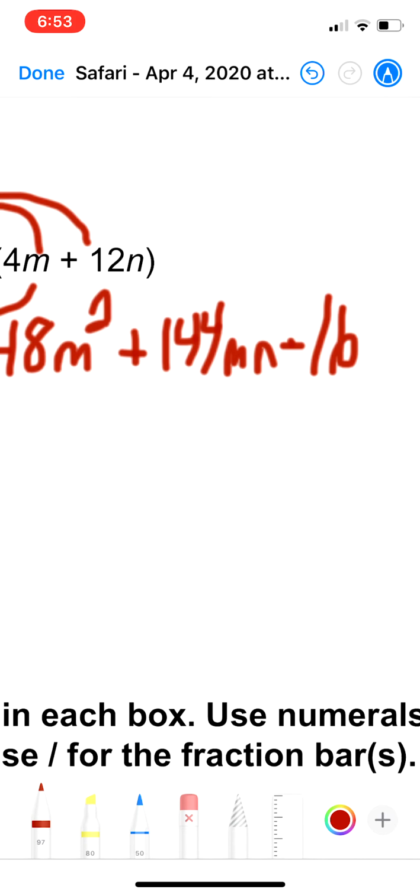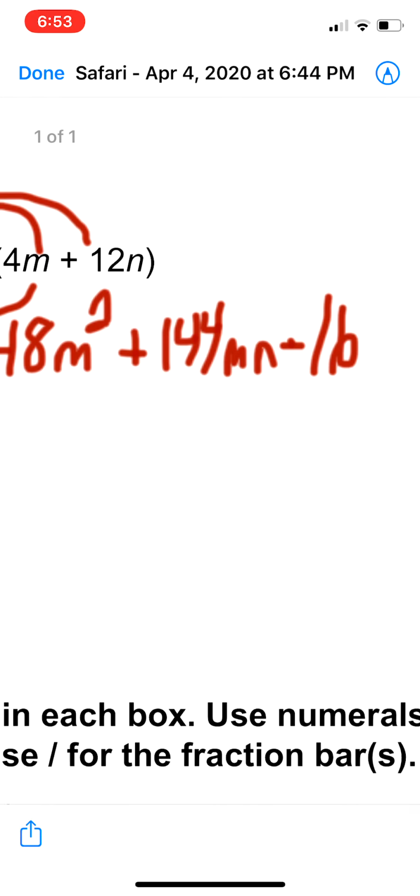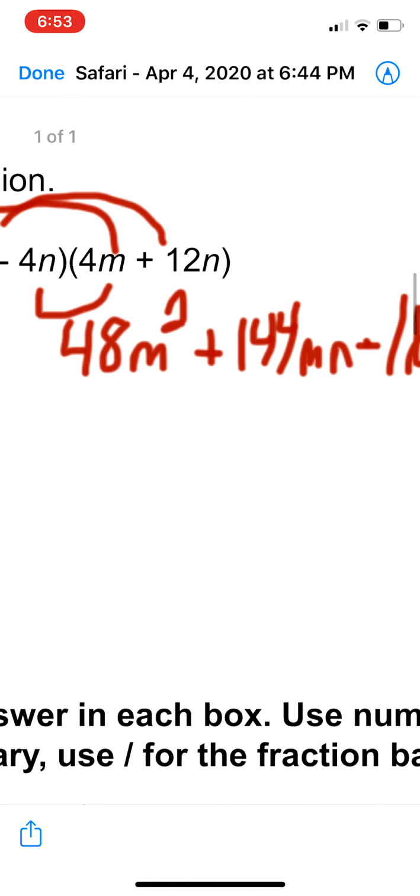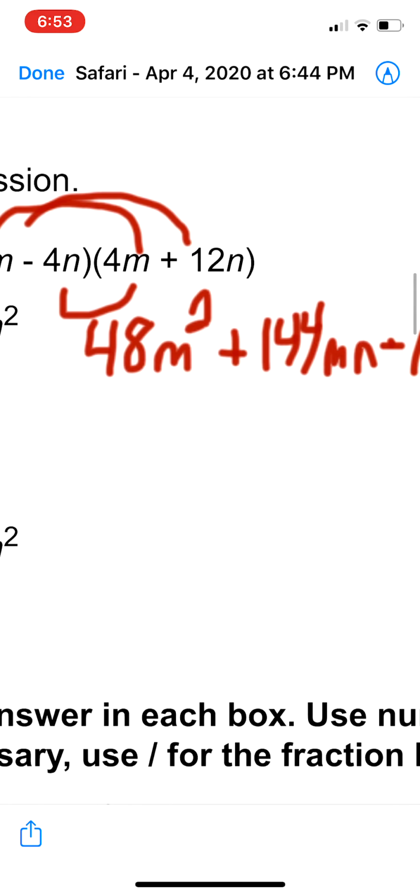Now you have an n and then an m, but write them alphabetically, just so you can notice the like terms easier. So 144mn and negative 16mn, they're like terms. They have the same variables. Even if I wrote negative 16nm, they'd still be like terms because they still have the same variables. I just write them in alphabetical order just so it's easier for you to see that they're like terms.